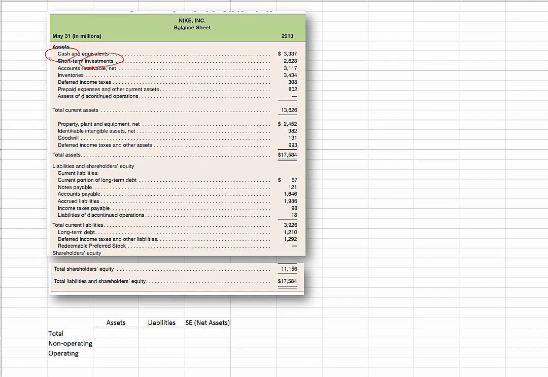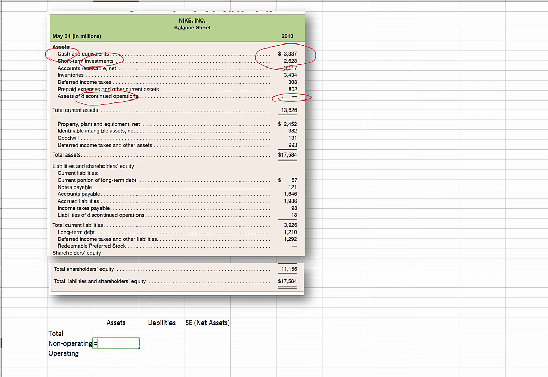I'm looking for keywords. So those three non-operating assets total up to, of course, 0 for that one. Let me total those up right down there.